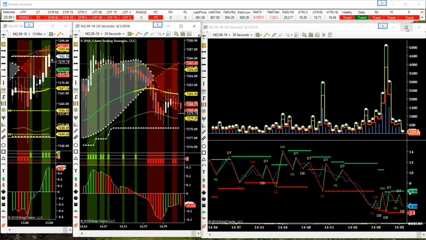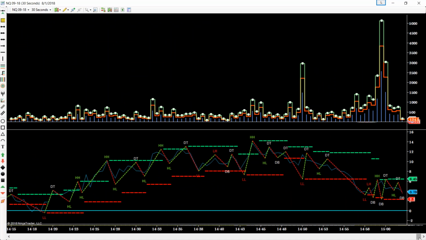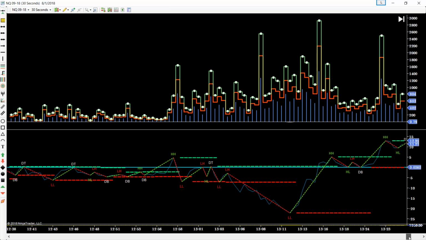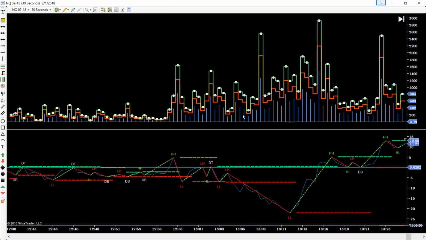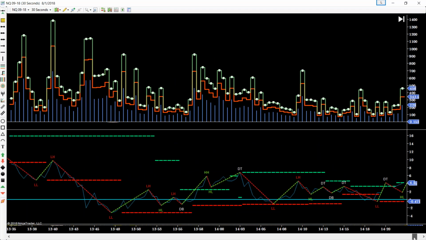I've got a new volume indicator that I'm really liking a lot. It's pretty simple, really. It's using Chameleon on top of volume and just choosing a ratio. And that shows you a ratio that you set to a prior bar or bars. You can set those to your own preference.